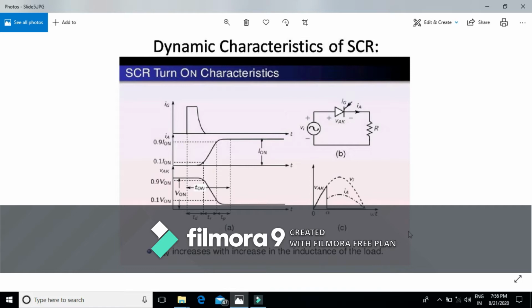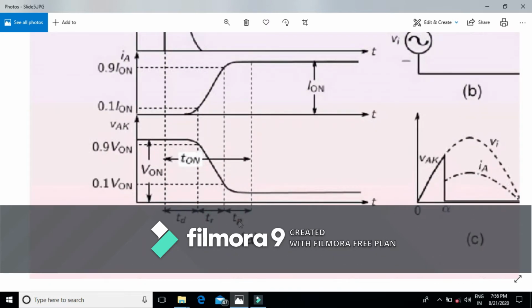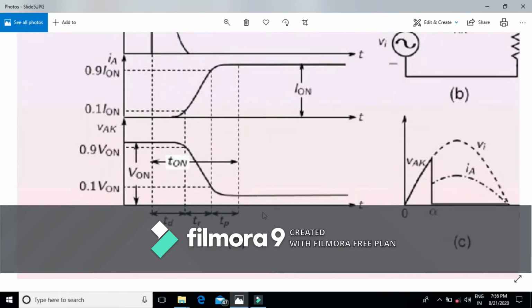One is the delay time, another is the rise time, and the third one is the spread time, denoted by TD, TR, this is the rise time, and the third one is TP, that is the spread time. That means this whole interval is basically the turning on period. And because this transition is not instantaneous, after that the steady values of anode current and forward voltage are obtained.